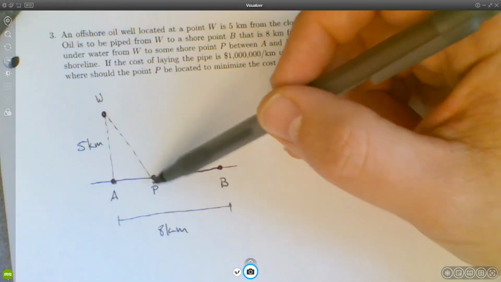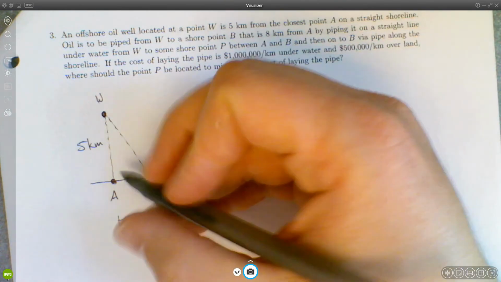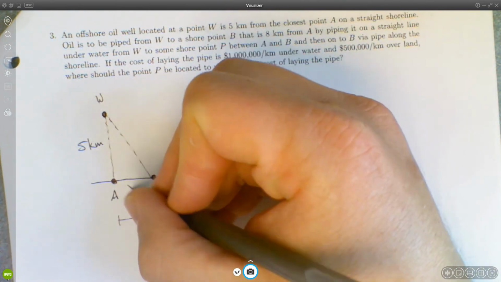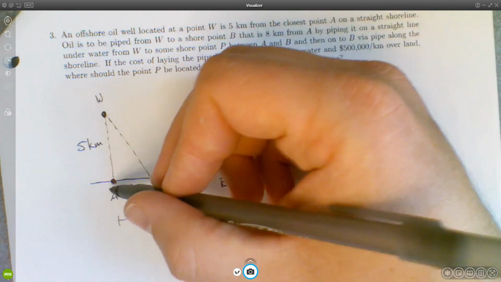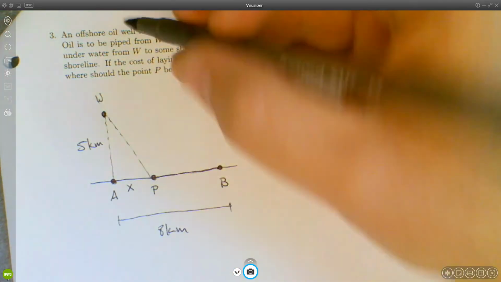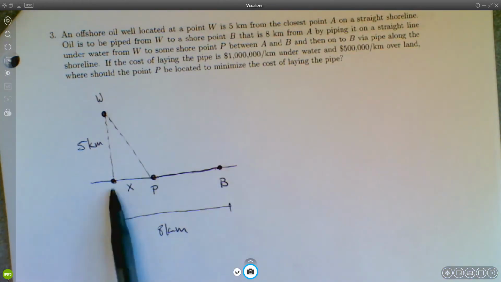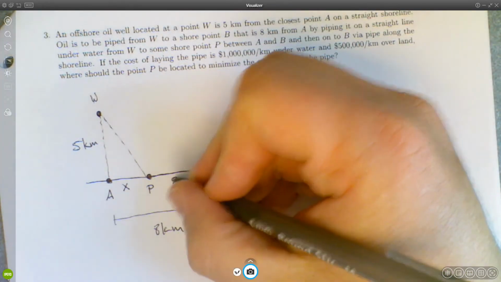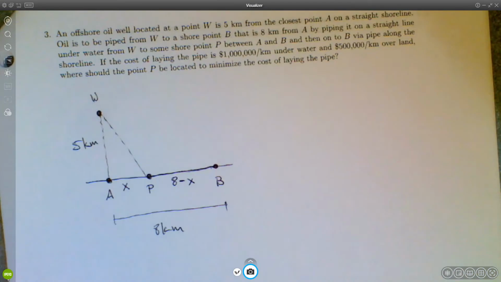We don't know where P is supposed to be located. Let's just call the distance from A to P x. Alright? So if we call the distance from A to P x, then the distance from P to B would have to be 8 minus x, right? So this distance here is 8 minus x. Okay, so we know that length.